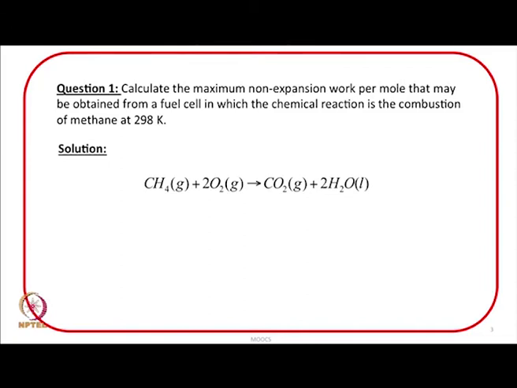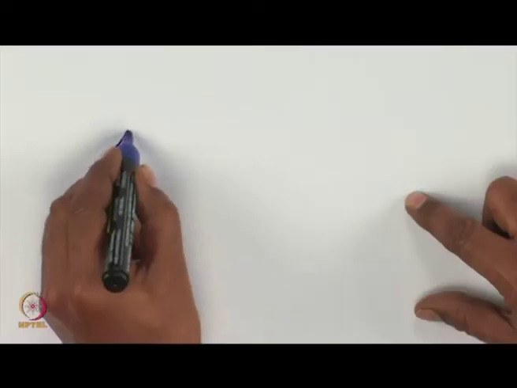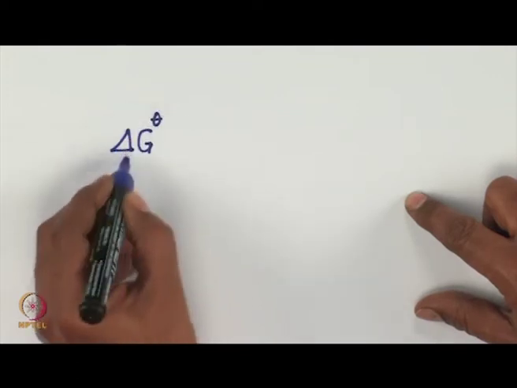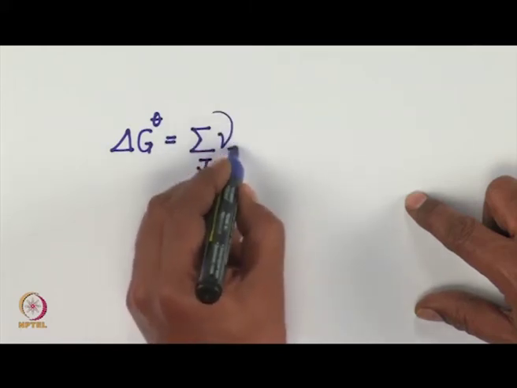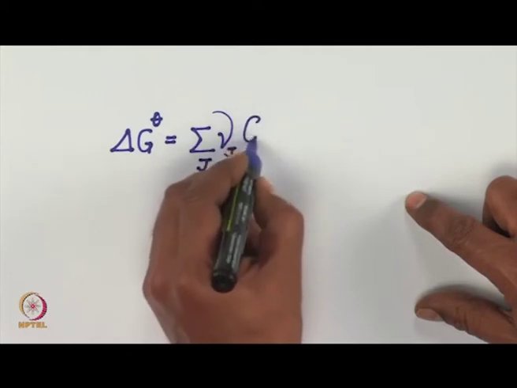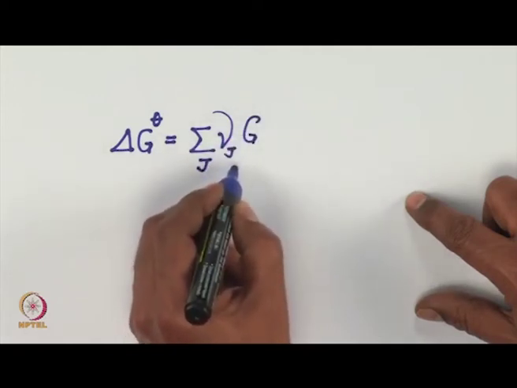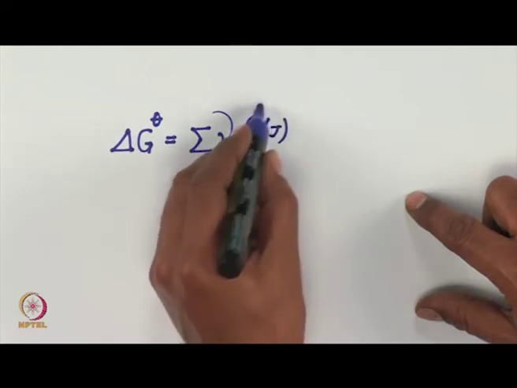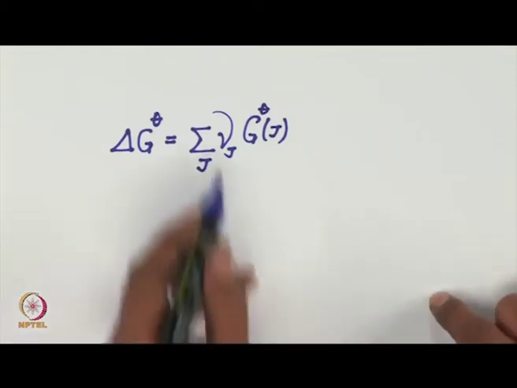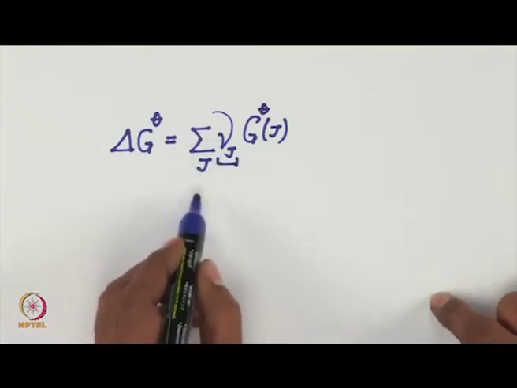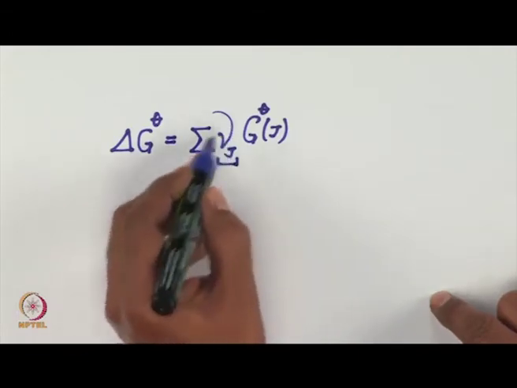Remember that we have earlier discussed in the standard molar Gibbs energy that delta G naught we can calculate from summation over j of nu j g j naught, where this stoichiometric number is positive for products and negative for reactants.